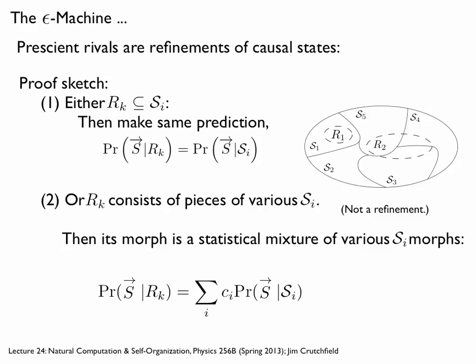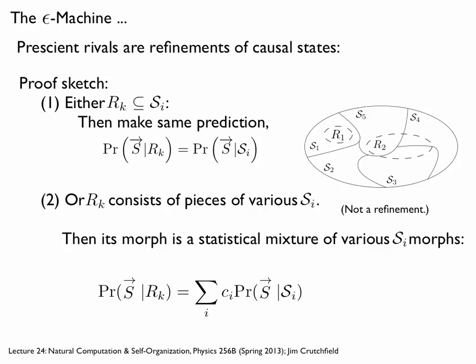If one of the partition elements is completely contained in or equal to one of the causal states, then by definition they make the same prediction. There's no real difference here. The future conditional distribution is the same. That's fine. A more interesting case is when the rival partition cell contains causal state cells, a number of those.